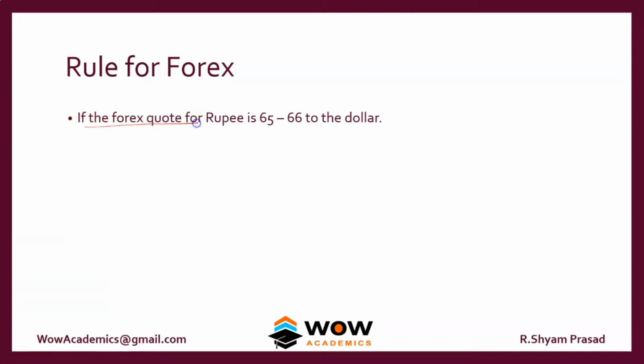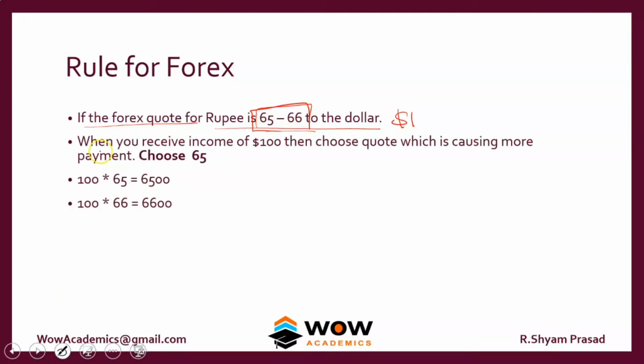If the forex quote for rupee is 65 to 66 to the dollar, usually the rate is given in a parity and you will have two numbers for the rupee to $1. So now the question arises whether you will get or pay 65 or 66. When you receive income of $100, which will you choose? You have to choose the number where you suffer a lot.